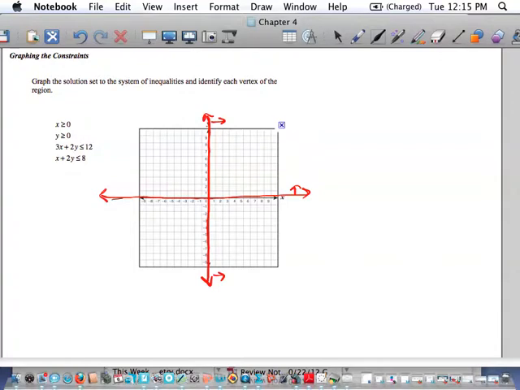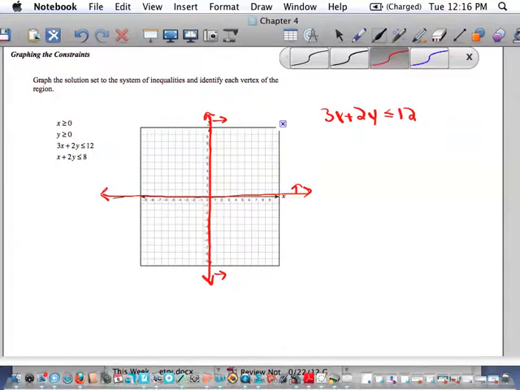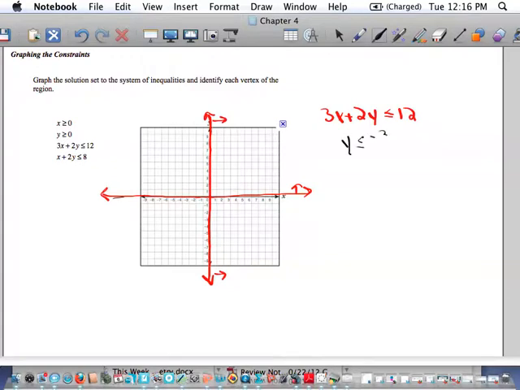Okay, let's look at graphing the other 2 equations. 3x plus 2y is less than or equal to 12. When you put that in slope-intercept form, you get y is less than or equal to negative 3/2 x plus 6. So you can go ahead and graph that line, put in the y-intercept, then apply the slope, and go ahead and put in that line.